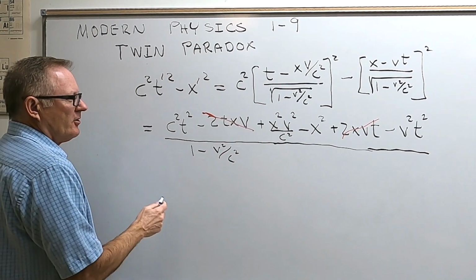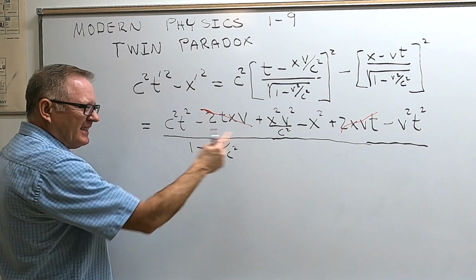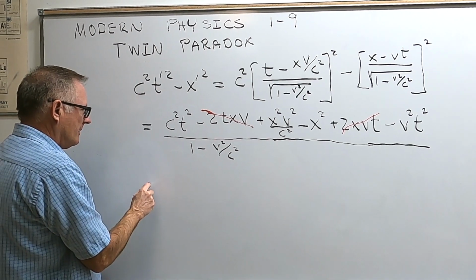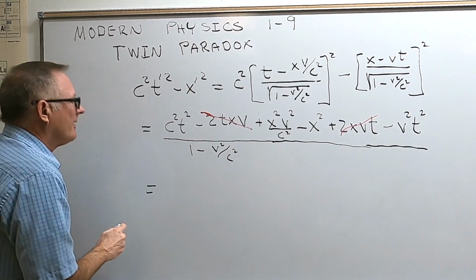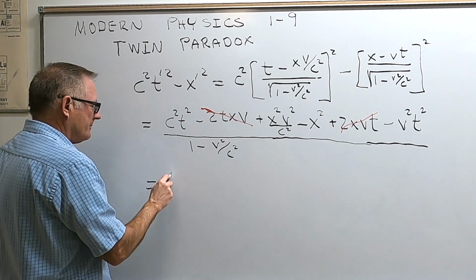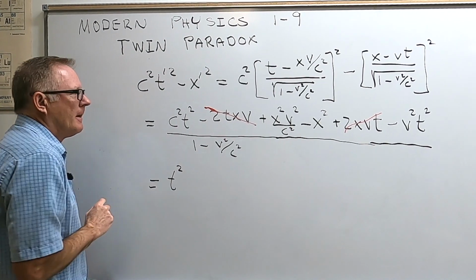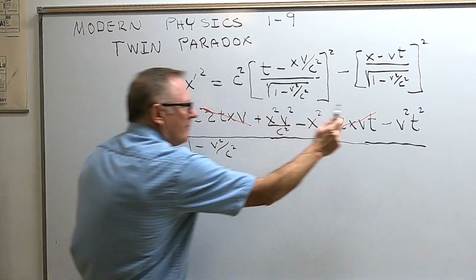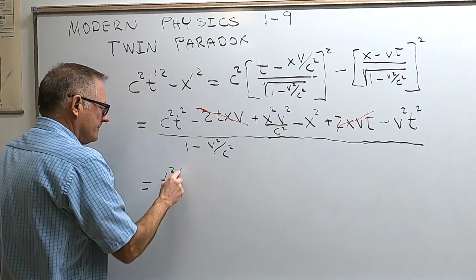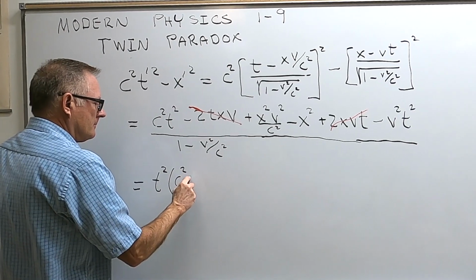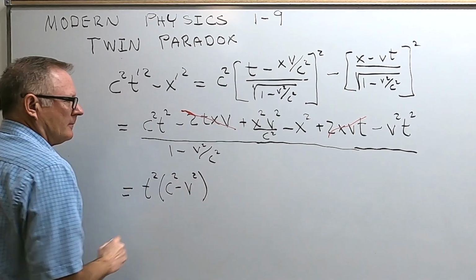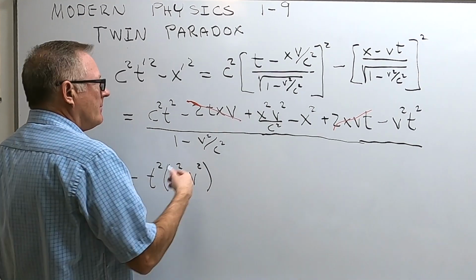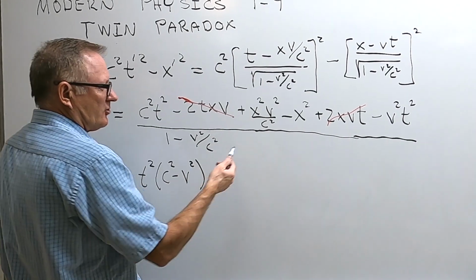So now I'm going to combine the t squared terms. And what do I have? I have c squared minus v squared. And then I'll combine the x squared.